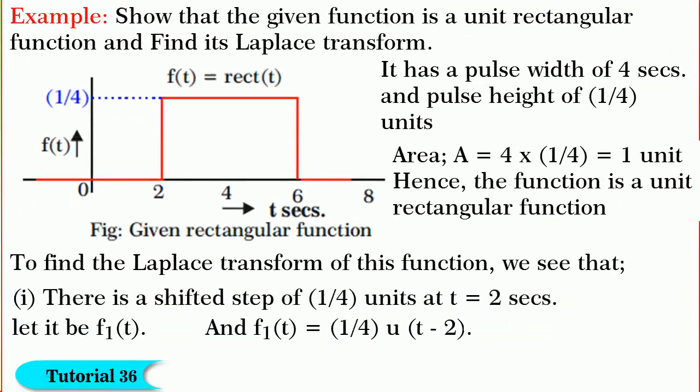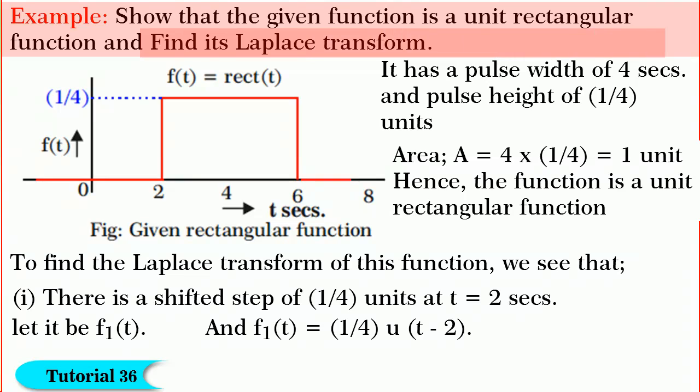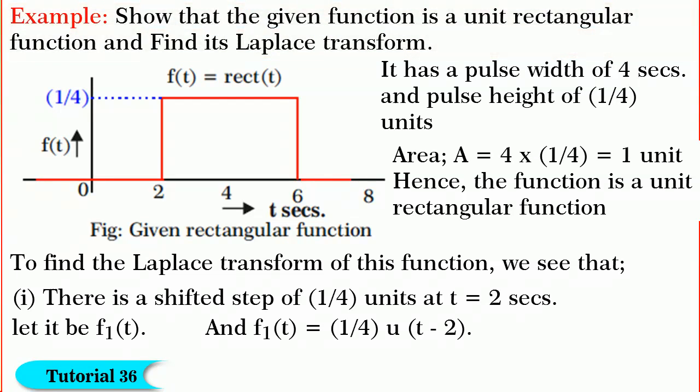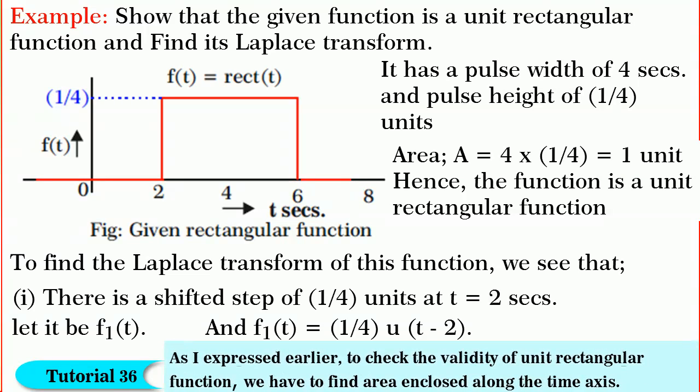Friends, to emphasize the concept of the unit rectangular function, let us solve one example to show that the function is a unit rectangular function for the function shown in the figure. We are also required to find the Laplace transform of the given function. As I expressed earlier, to check the validity of the unit property, we have to find the area enclosed by it along the time axis.